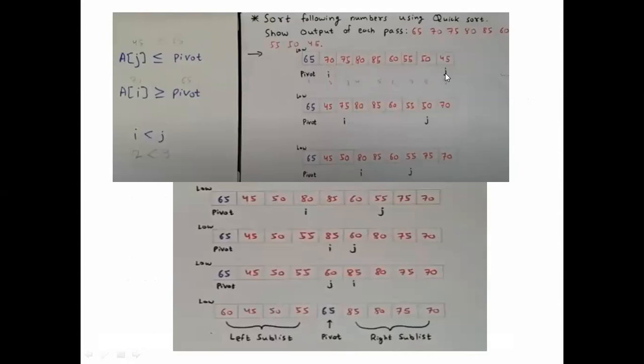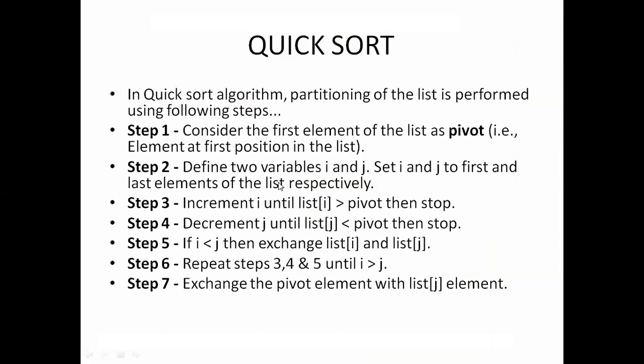If we choose the last element as the pivot, that is 45 is the pivot, then 65 is i and 50 is your j. So depending upon the pivot element, you take care of the i and j values. I'm taking the pivot as the first element, then I represent the next element as i and the last element as j. Okay, so step 2 is clear.